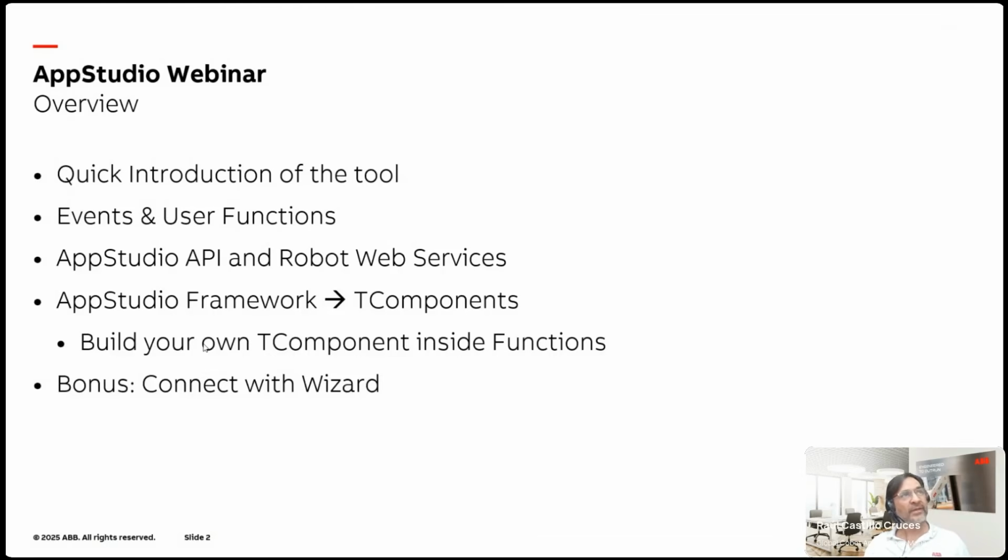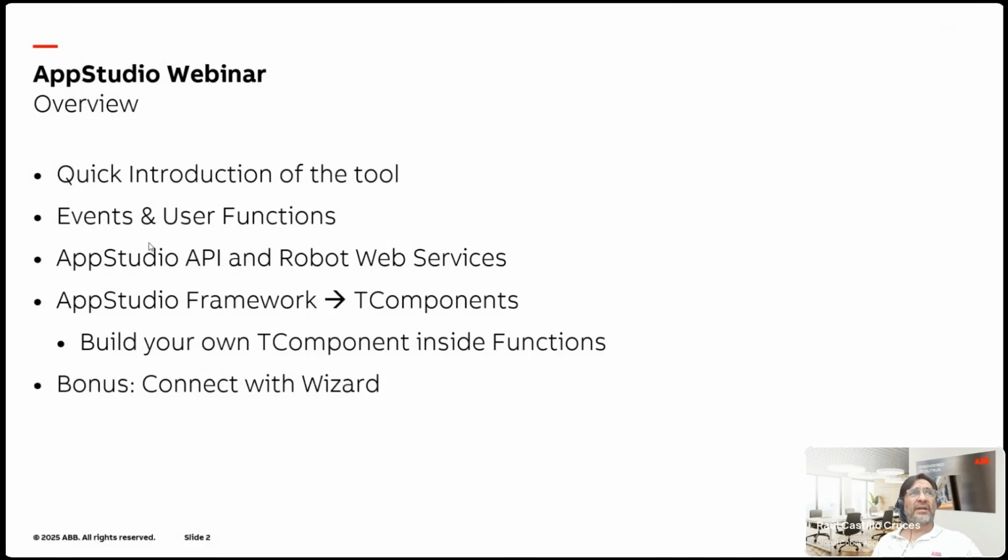So first of all, I'm going to give a quick introduction of the tool, and then I'm going to jump directly to the section of events and functions, in which the user can directly introduce their own business logic to extend the functionalities available for your web app. And as such, I'm going to talk a little bit about the interfaces that are available so you can connect with the robot in order to reach your goals.